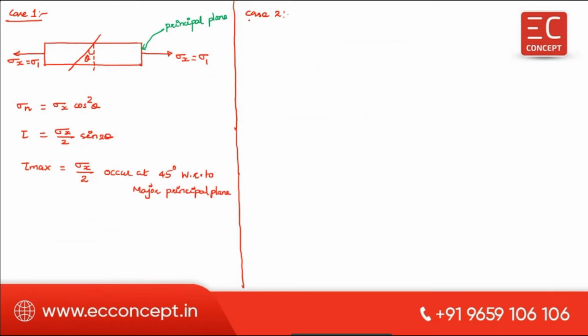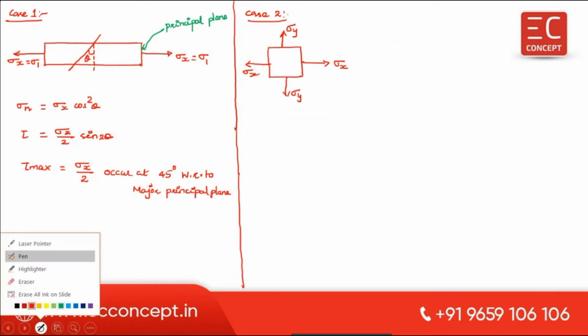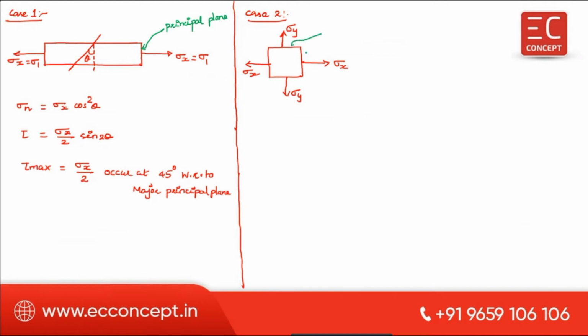Case number 2. Now this is biaxial stress. There is an element where two stresses are acting, sigma x and sigma y. These two planes are called principal planes.